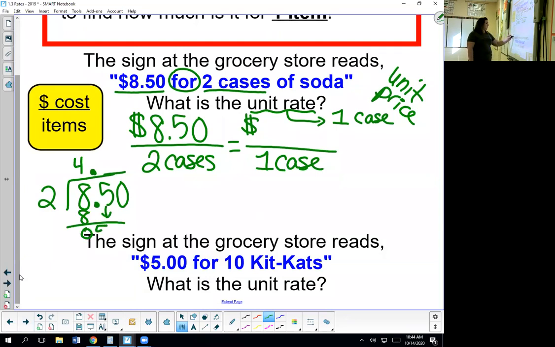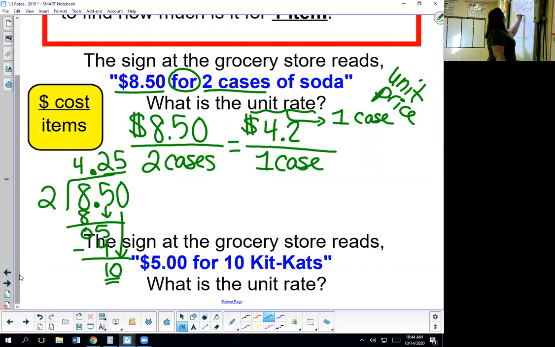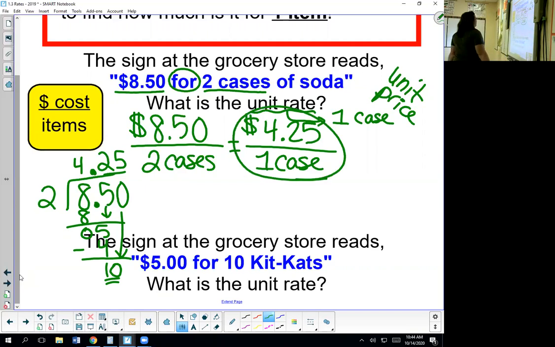Bring down your 5. 2 times 2 is 4 with 1 left over. I still have a 0, so don't forget about him. 2 times 5 is 10. So how much does it cost for 1 case of pop? $4.25 for a case, and that is your unit rate or unit price. That's what it's going to cost.